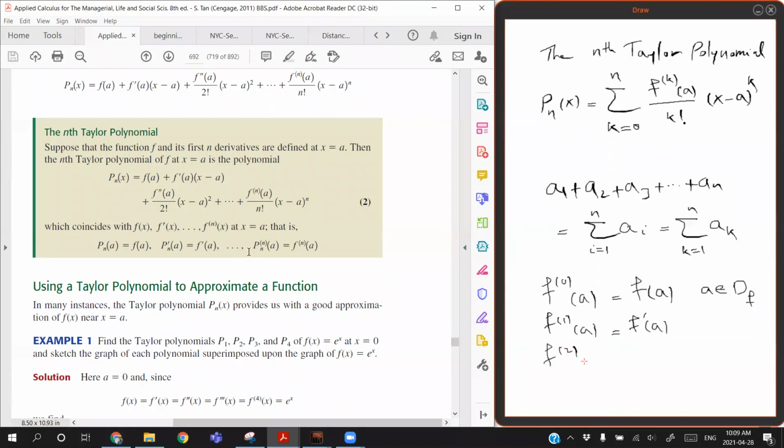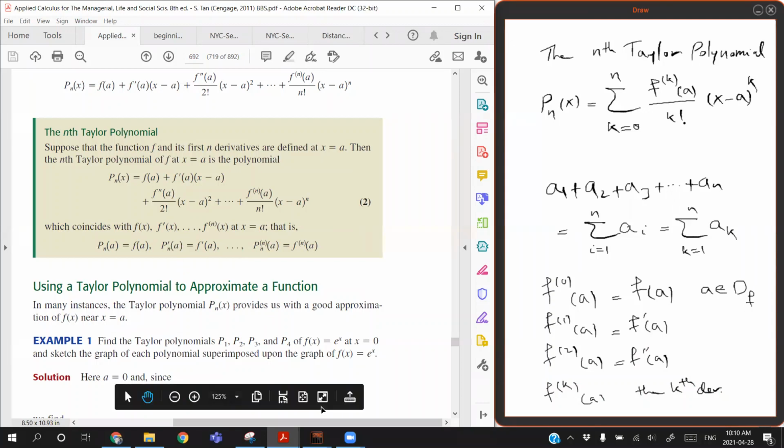Then f^(2)(a) is the second derivative at a, f^(3) is the third derivative. And generally, when you see, for example, f^(k)(a), that's the kth derivative of the function at a. Good so far? Any questions?